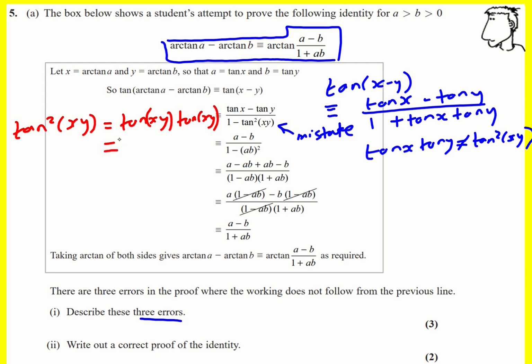And this is not equal to ab all squared, since ab all squared is actually equal to tan squared x tan squared y. So that is a mistake right here.